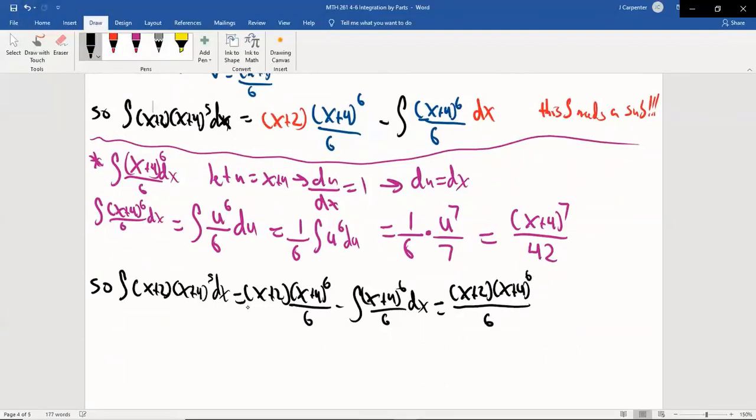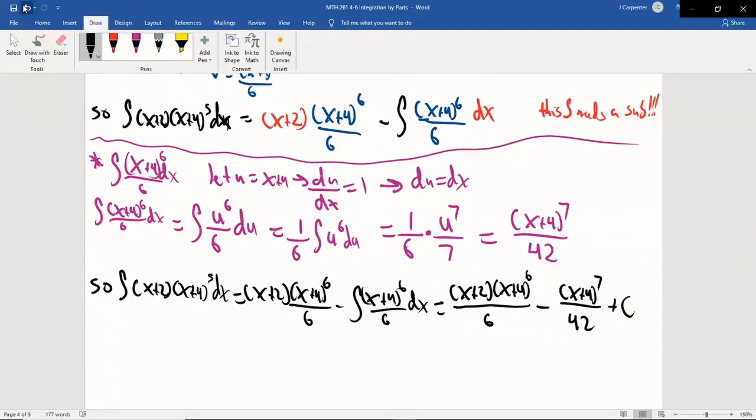You can write that as one big fraction. So this bit right here is what I just wrote. That's this. Then minus, and we just got our integral. It's x plus 4 to the 7th over 42, and now we have our plus c. There's not really a lot that we can do to this necessarily. So I really do expect some people to stop here.